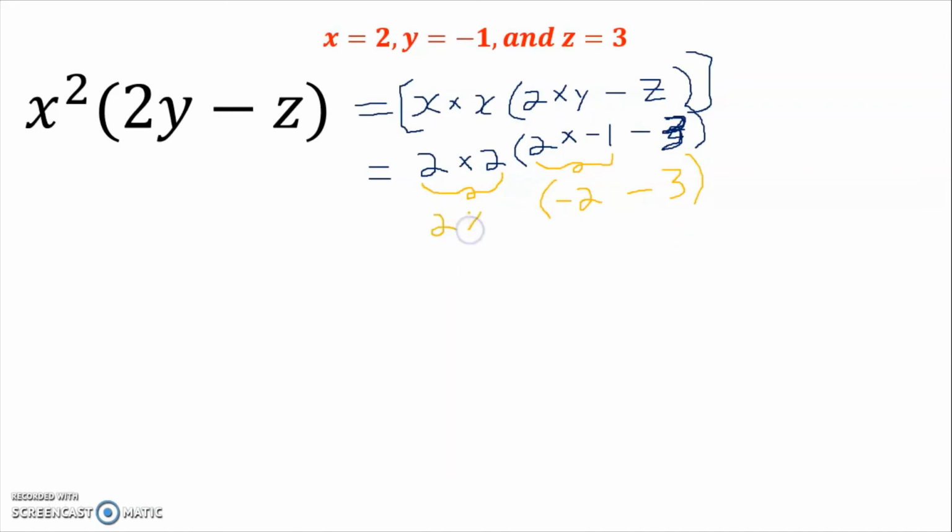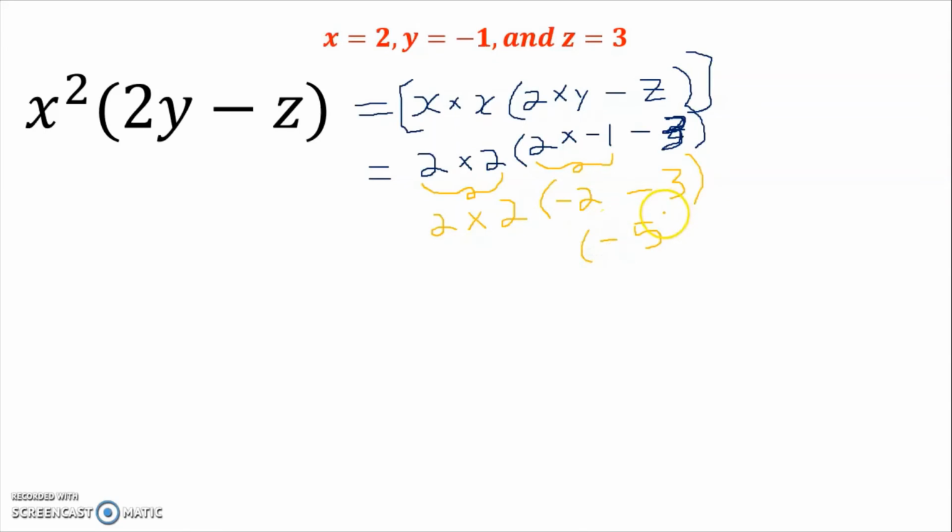2 times 2, we're not working it out yet, but the negative 2 minus 3 would give us -5, because the signs are the same, so we add and we keep the negative sign.